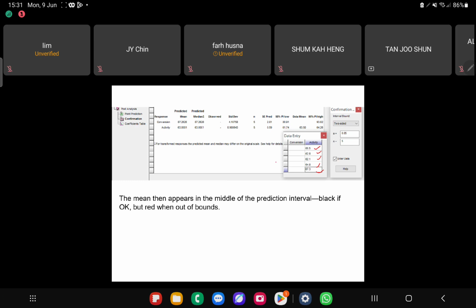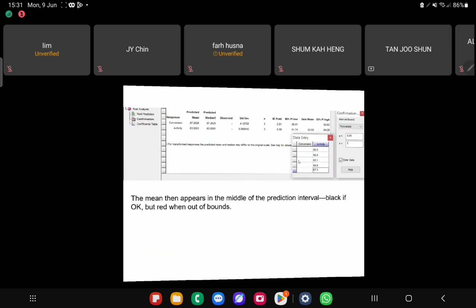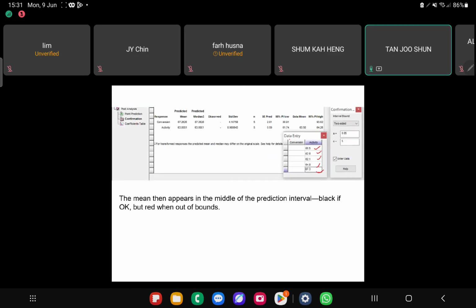Then it will tell whether this average of activity or values, when compared to the predicted value, is okay or not okay.